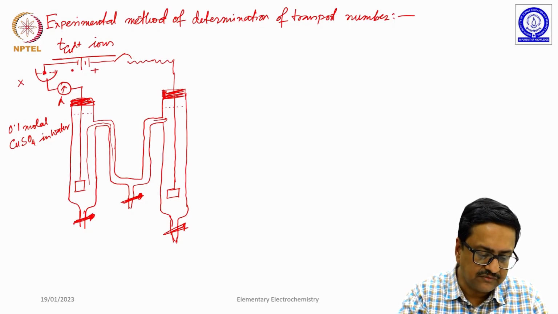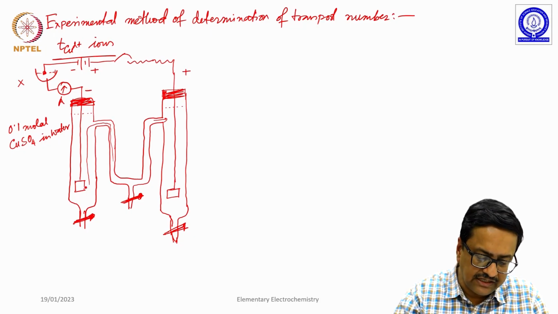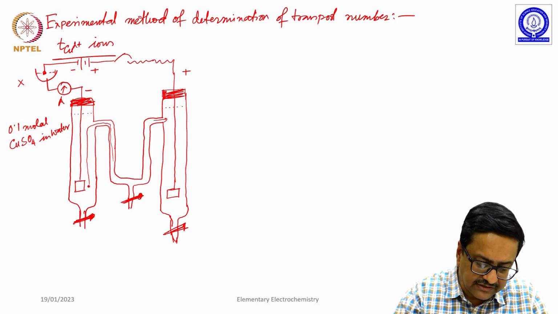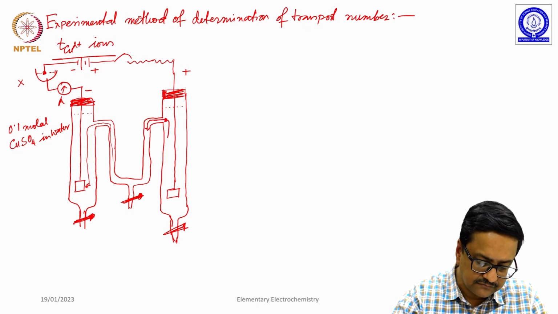This is the positive end of the battery, this is the negative end. So, this is plus and this is minus. What will happen is copper ions will get deposited here. So, copper will move from this side to that side.